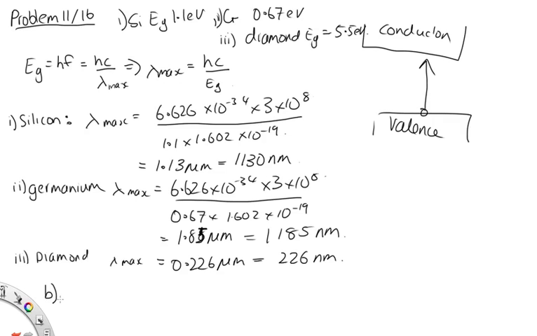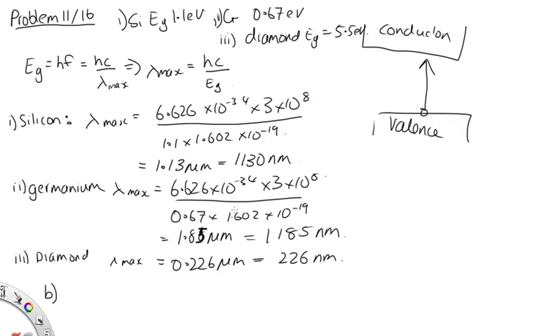So part B of the question asks us, compare this with visible wavelength range, which is 400 to 750 nanometers, and hence comment on the physical appearance of these three materials. The wavelength of visible light is less than the wavelength required for silicon and germanium to excite an electron from the valence to the conduction band.